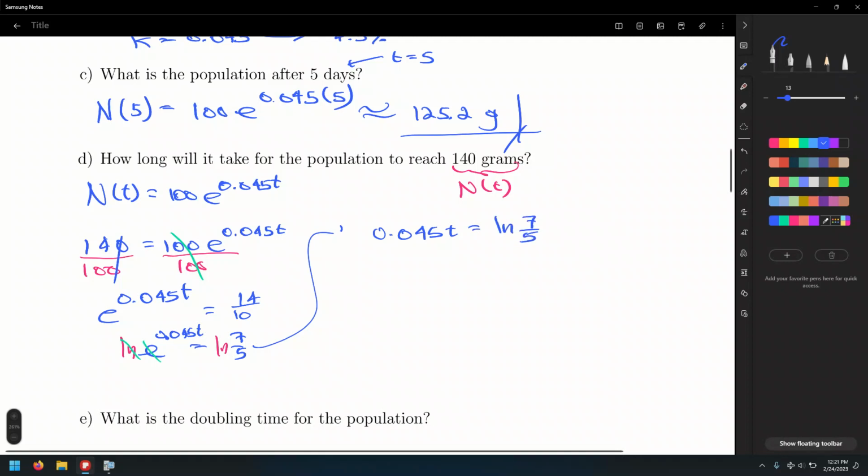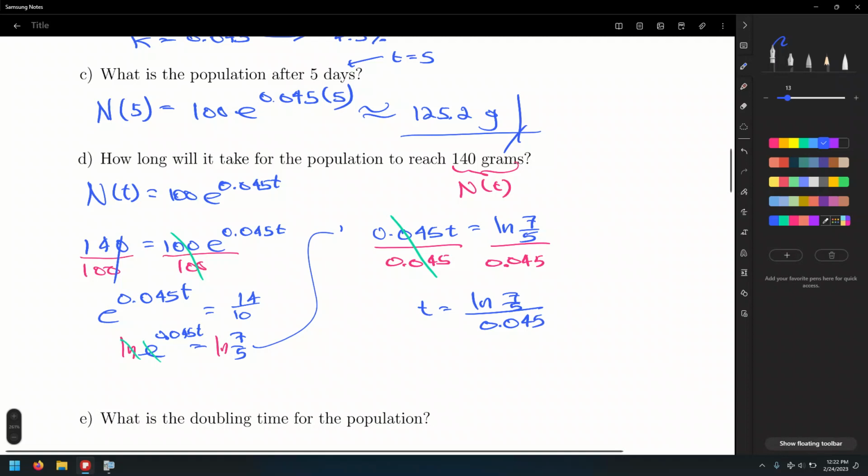And finally, divide both sides by 0.045. And cancel. That's t equal to ln of 7 over 5 over 0.045. That's our initial result as an exact answer.